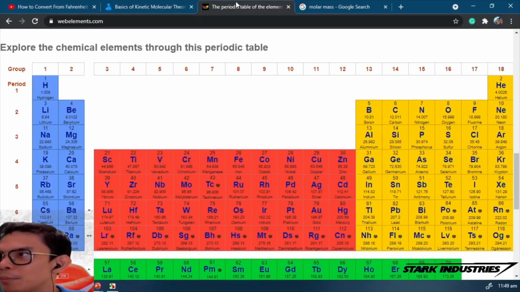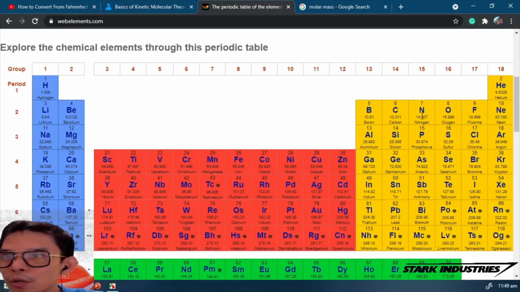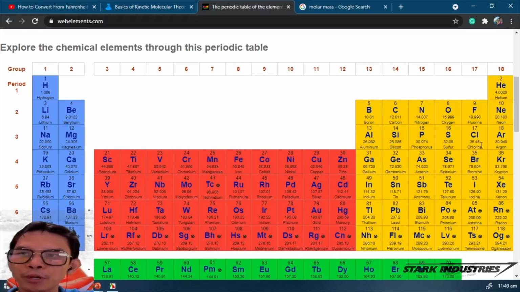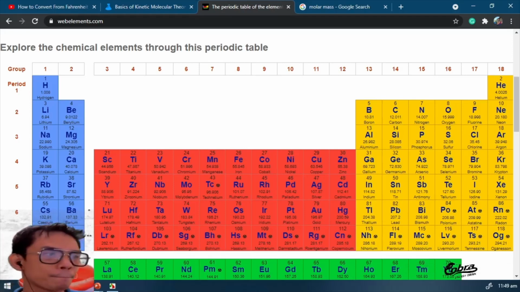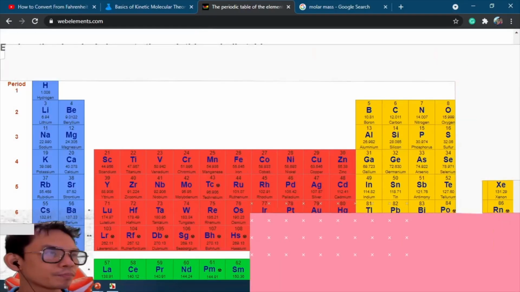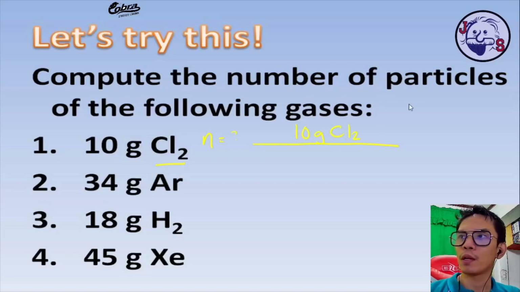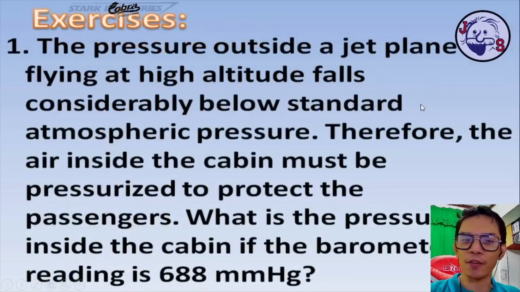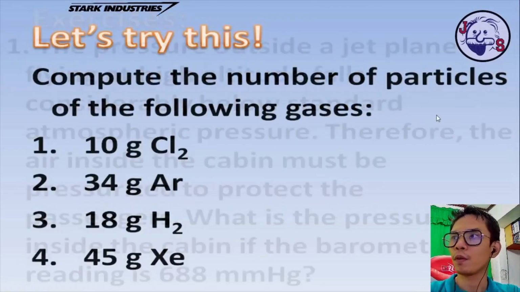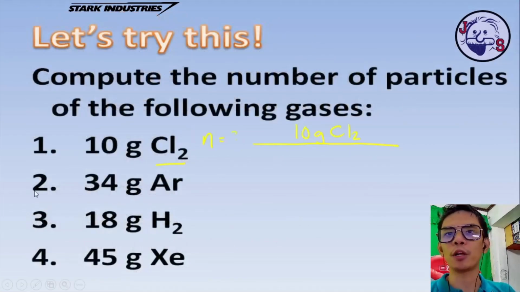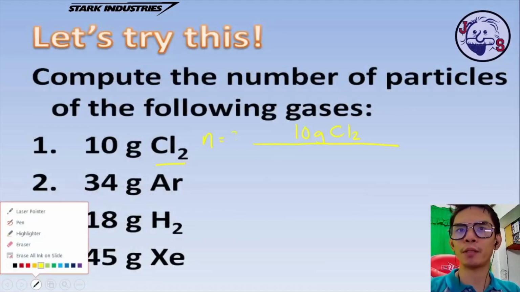On the periodic table, chlorine is over here. The atomic mass of chlorine is 35.45, so the molar mass of chlorine is 35.45.